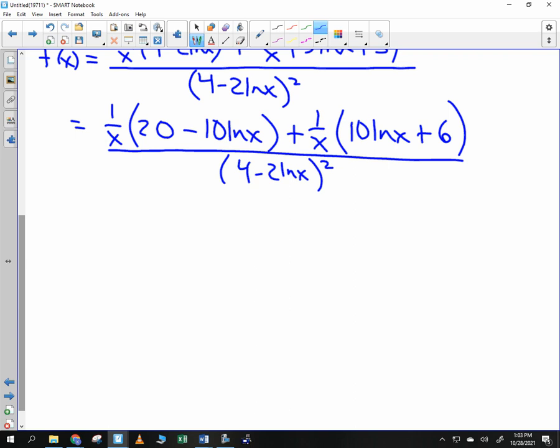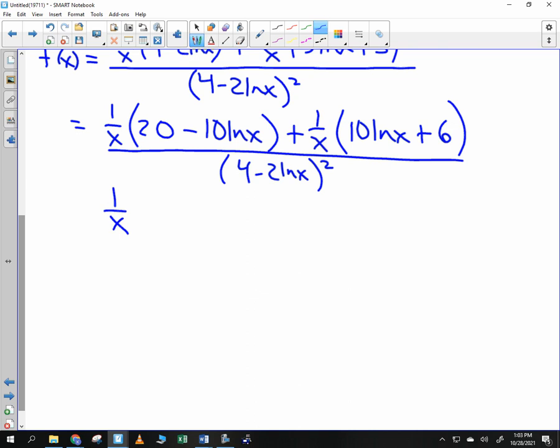So do you see the positive and negative 10 natural log of x? Like you can see that those are going to cancel, right? So what term do these two things share in common? What do they both have in common? They have 1 over x, right. So can we just take that guy out and then watch things cancel?